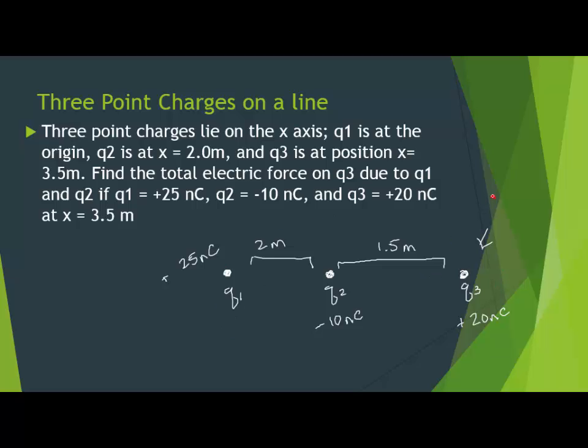I like to write the force on 3 from 1, F31. In physics, this means the force on 3 because of 1 is going to be this push to the right. And then he's going to experience a pull, the force on 3 because of 2, to the left.